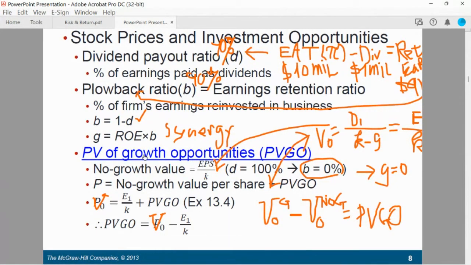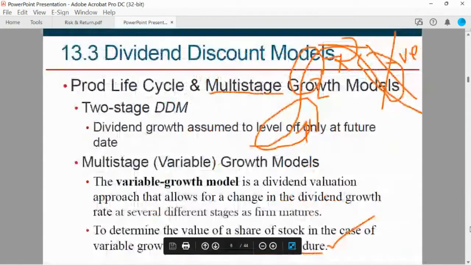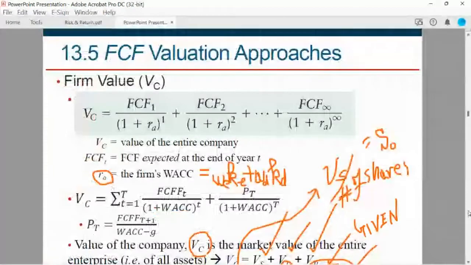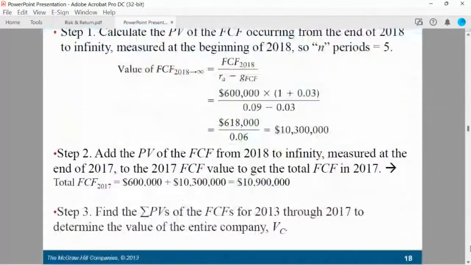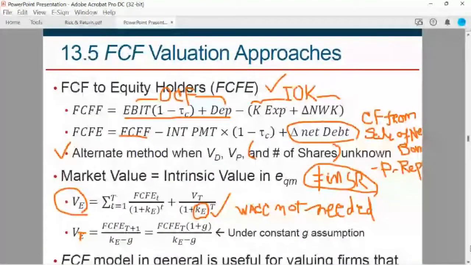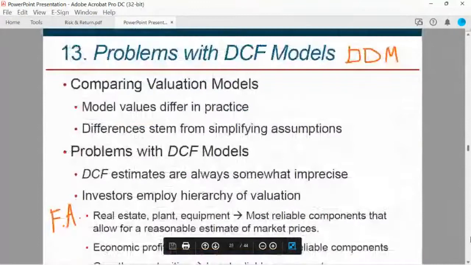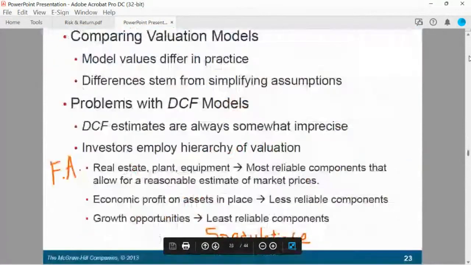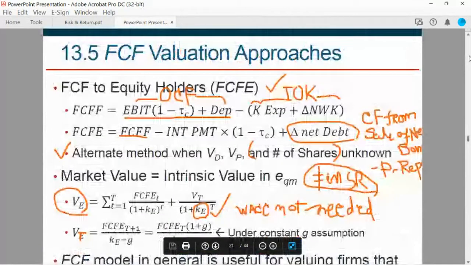For more about the present value of growth opportunity, we're gonna talk about it in a couple of sections later, because after this, we're gonna look into the variable growth model, and then the free cash flow model, and then we're gonna go into more detail about present value of growth opportunity, together with price earnings ratio.